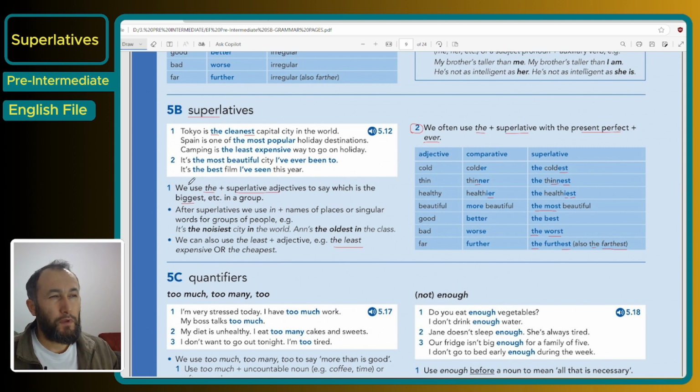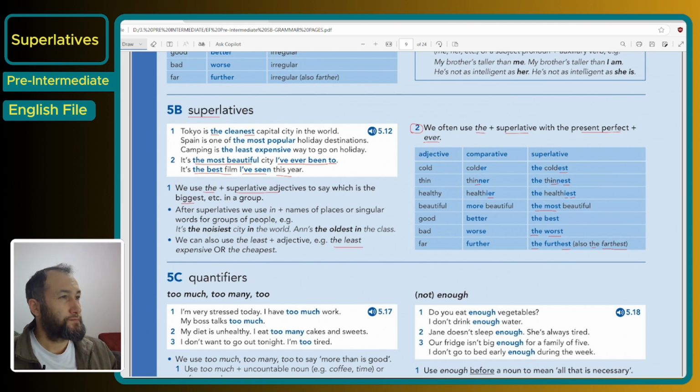So it's the most beautiful city I've ever been to. You see? I've ever been. This is present perfect. It's coming with a superlative. Or it is the best film I've seen this year. So that's the superlative.